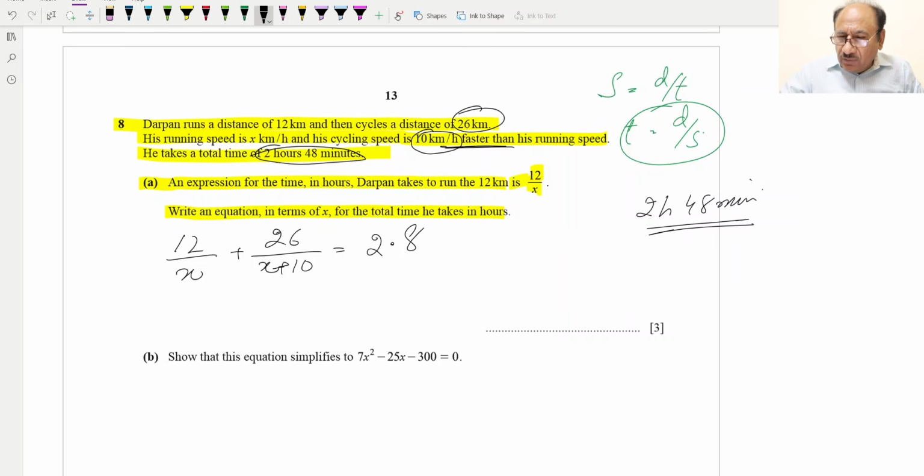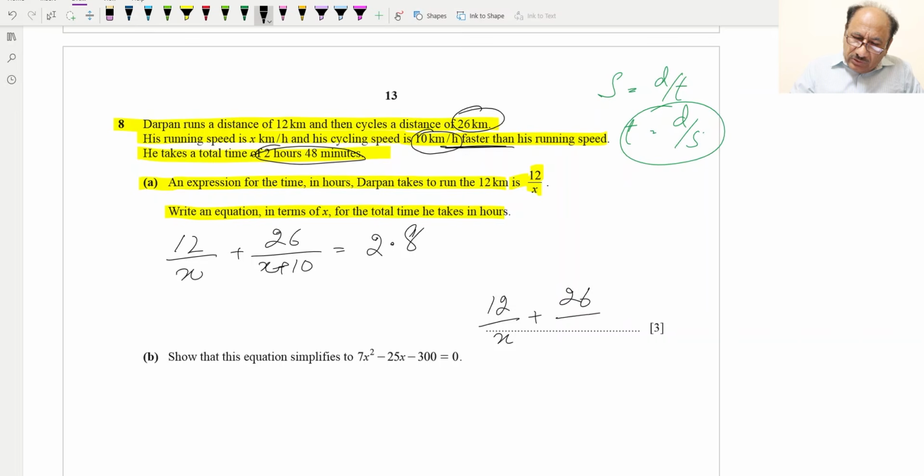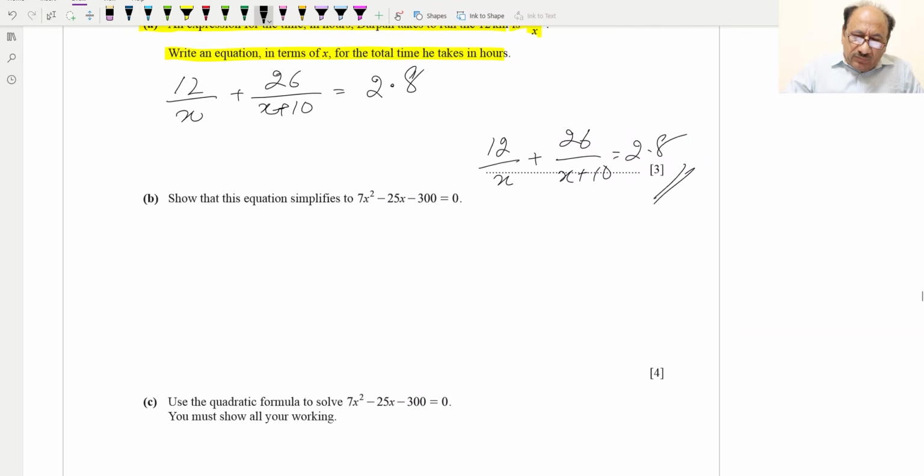Basically you can convert by dividing by 60 also, and you will get the same answer, but I have given you the easiest possible route which you are allowed to use also. So 2.8 will be your answer. 12 over x plus 26 over x plus 10 is equal to 2.8, and this is a 3 marks question which we are done.